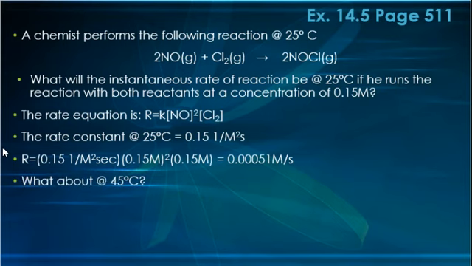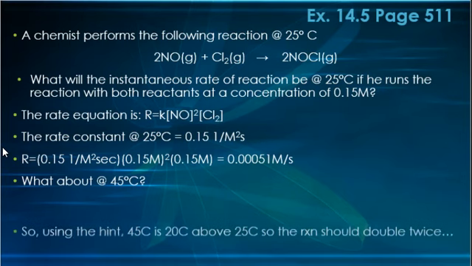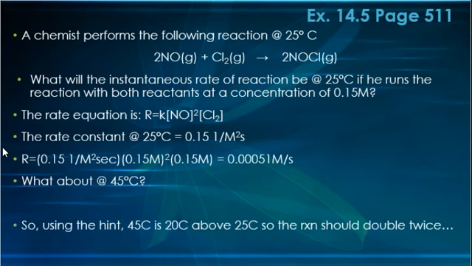That's our answer. What happens at 45 degrees? So that's at 25. So what's the difference between 45 and 25? 20. And what does your little rule of thumb tell you? 10 degrees what? 10 degree increase doubles. Doubles, and I did it twice. So using the hint, 45C is 20C above 25, so the reaction rate would double twice.